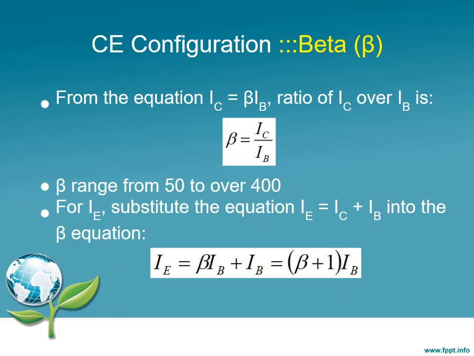For the IE, substitute the equation IE equal to IC plus IB into the beta equation, and we get IE equal to beta IB plus IB. Please remember these two equations because we want to use them in DC analysis.